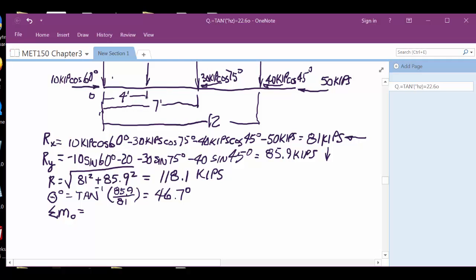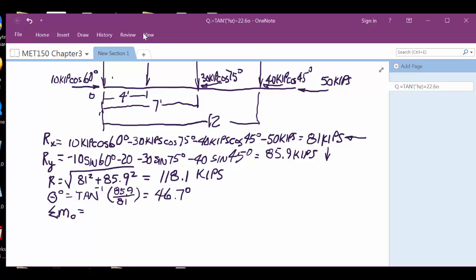If we're doing a moment about O, again, the 10 kips cosine of 60, anything that's on that x-axis goes away, doesn't it? It's not creating any spinning motion. There's no distance. With no distance, it's 10 kips cosine of 60 times 0. That's a good thing. Thumbs up, okay? For anybody that's listening and not here, thumbs up. That's a good thing.